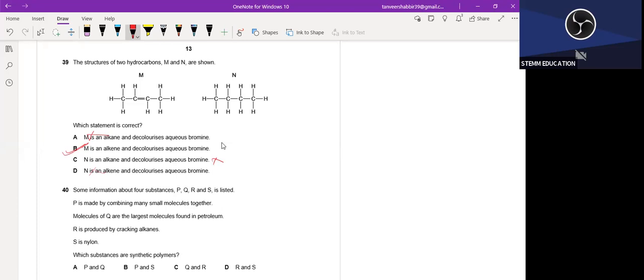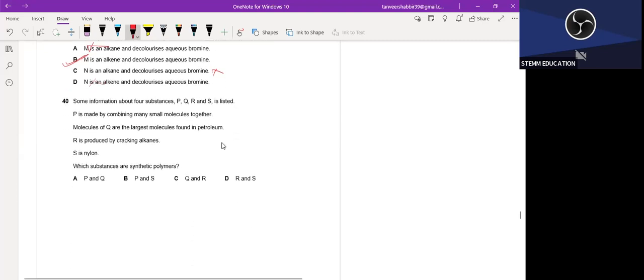Now question number 40 and the last question of this paper. Some information about four substances P, Q, R, S is listed. P is made by combining many small molecules together, whereas Q molecules are the largest molecules found in petroleum, and R is produced by cracking alkanes, and S is nylon.